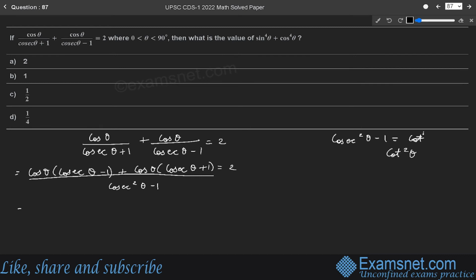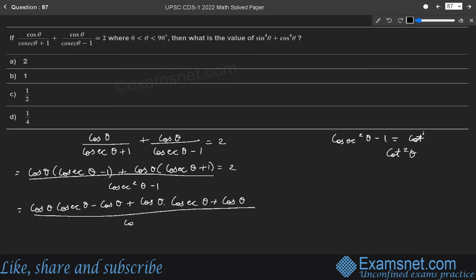On further solving, it will be cos theta into cosec theta minus cos theta plus cos theta into cosec theta plus cos theta, upon cot square theta, because we know that cosec square theta minus 1 is cot square theta, and on the right hand side there is 2.